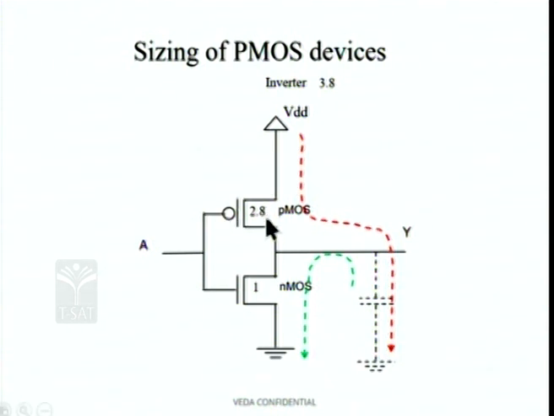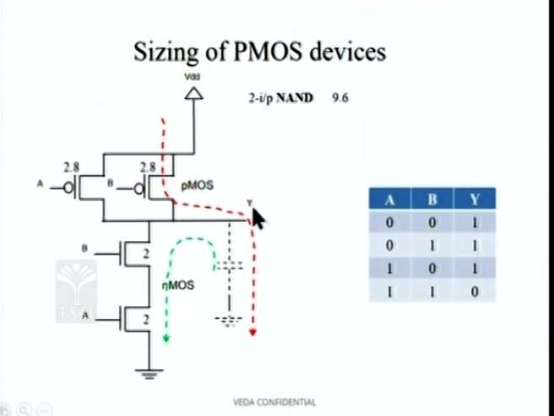Otherwise, if both these devices are of size 1, then the PMOS current will be roughly 2.8 times lower, and therefore the rise time will be much larger than the fall time at the output capacitance. That should not be the case. It is desirable to have the rise time and fall time the same. Therefore, the PMOS device has to be sized.